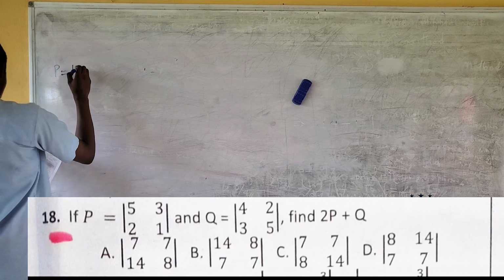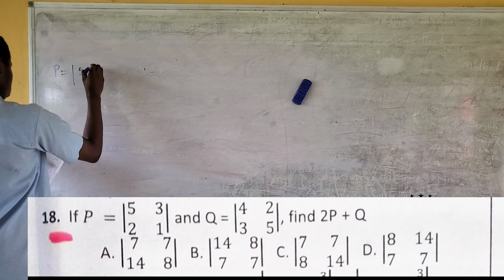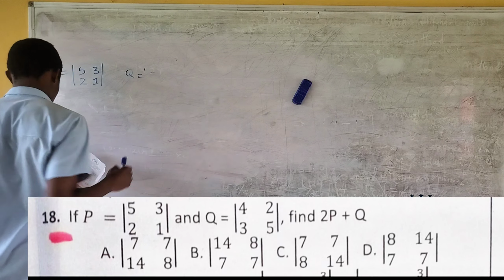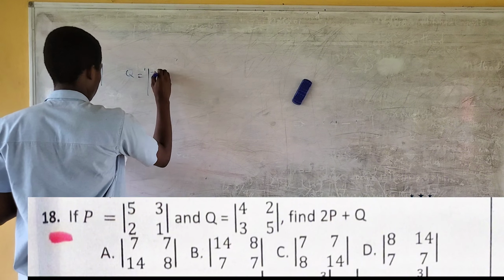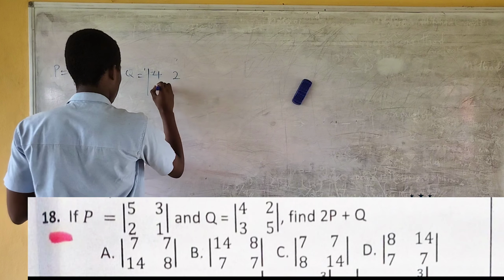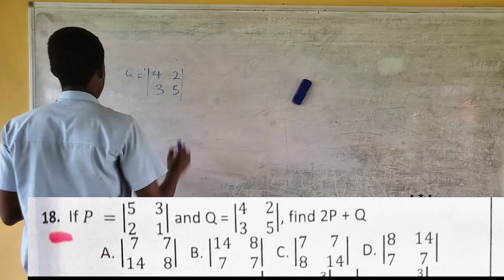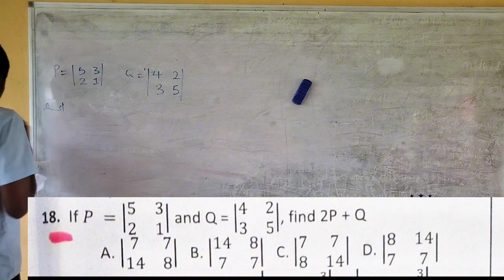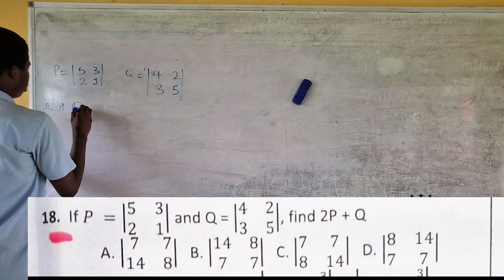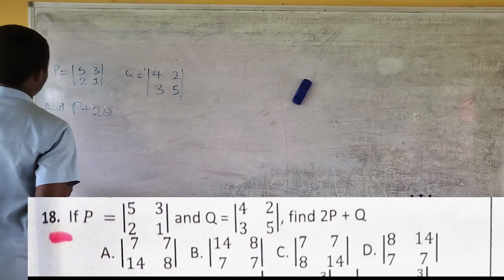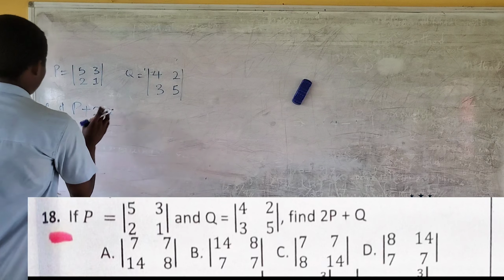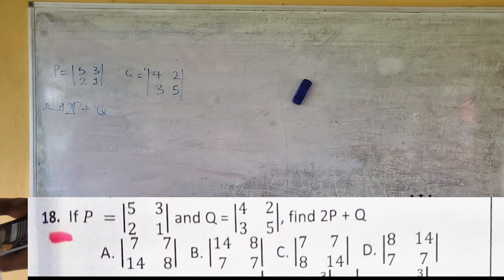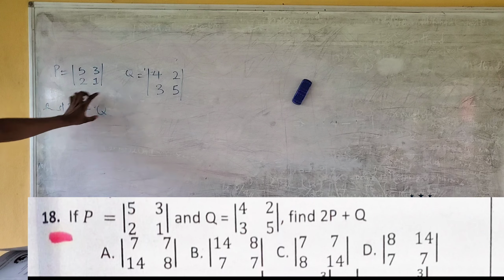This is P. This is Q. So now they say we should find 2P plus Q. So we're expected to multiply this P by 2 and sum it up with this.